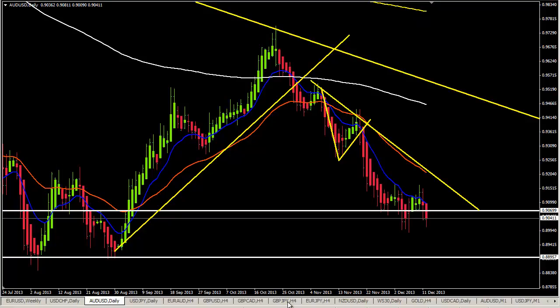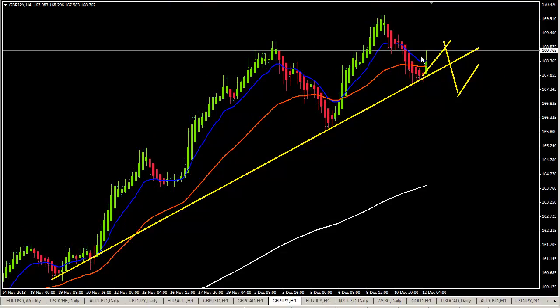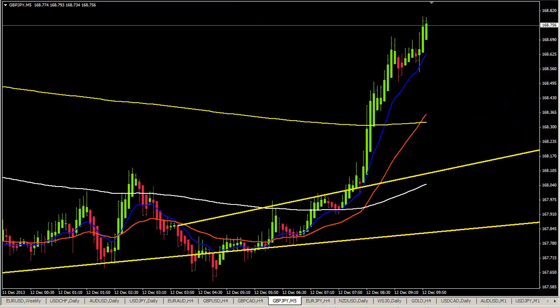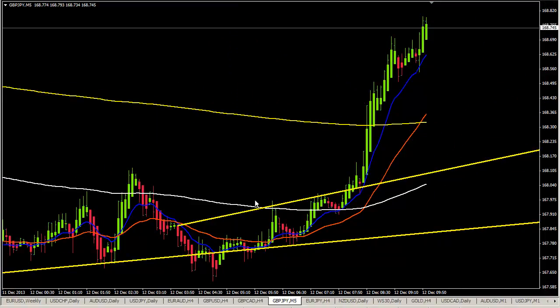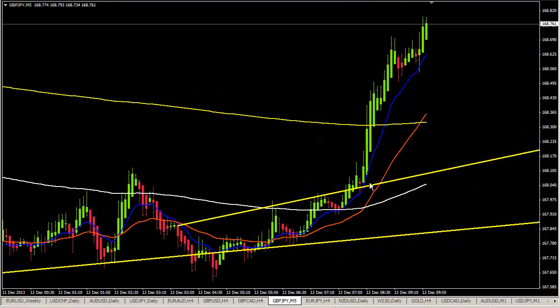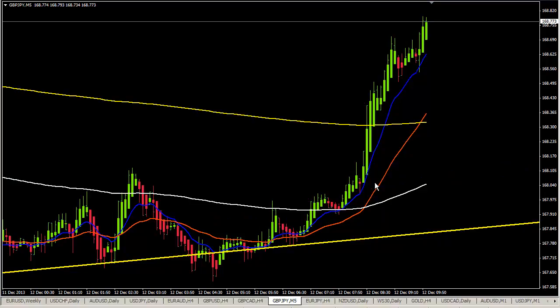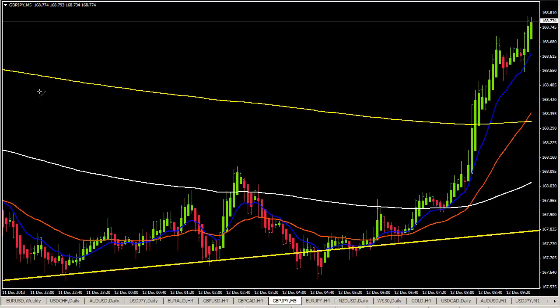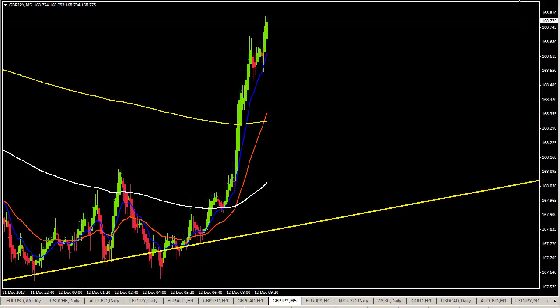And GBP JPY, as we said, look, it's going up right now. It's going up even on the 1 hourly, just exploding again. This is a crazy pair. You have aggressive 5-minute setups here. Actually too early for me, because it was a really good one. I have to zoom in.